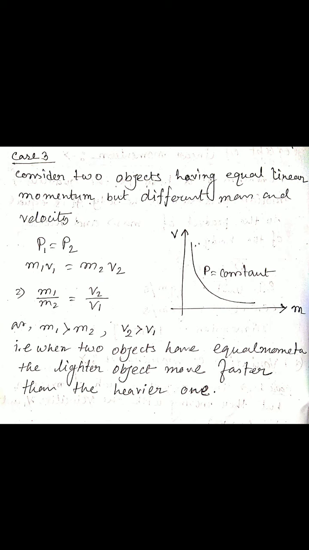For heavier mass, velocity decreases, and for lighter mass, velocity increases. So the lighter object moves faster than the heavier one, and the v versus m graph is a decreasing curve. P is constant. So when two objects have equal momentum, the lighter object moves faster than the heavier one.